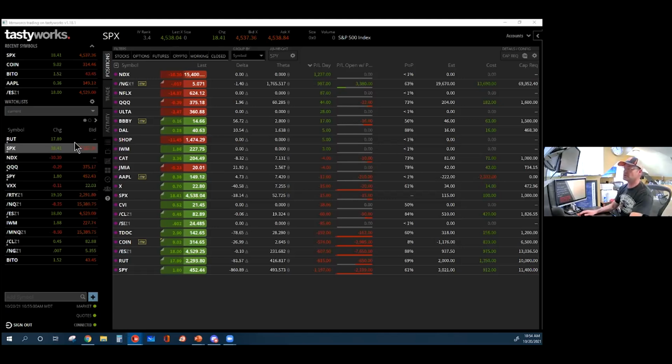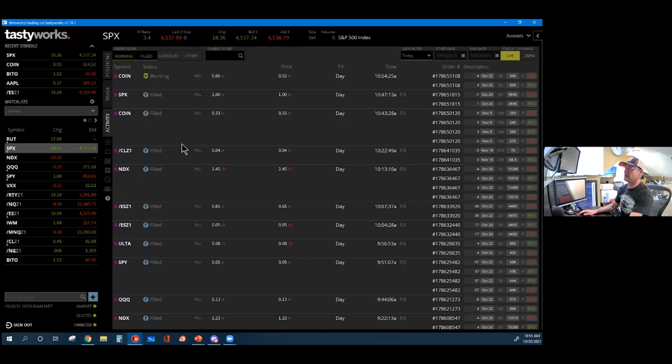Okay, working a trade on coin right here. It is on the call side, but it's well outside of the expected range for the next 2 days. That expected range is booking in about $9.50 a day of movement. So pretty good potential movement, but great premium.